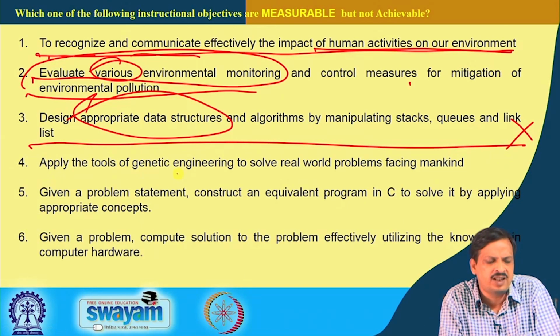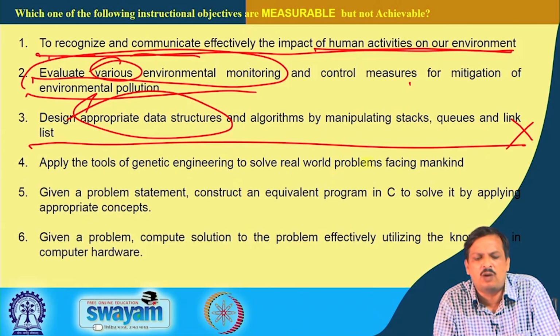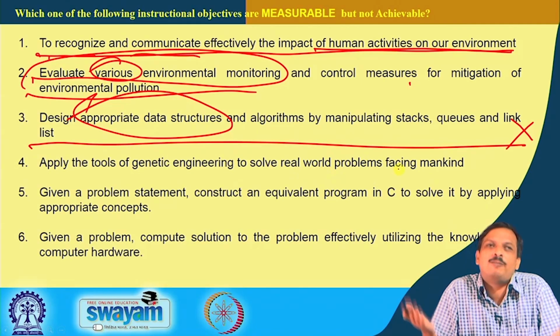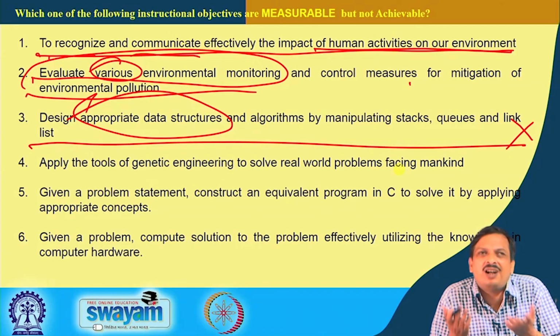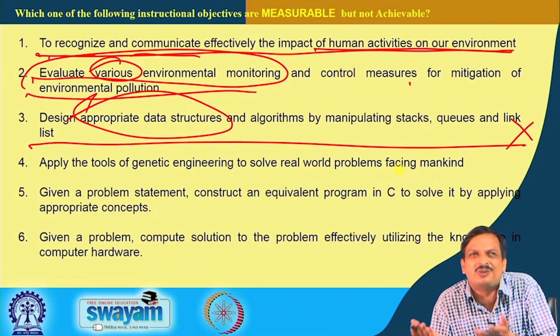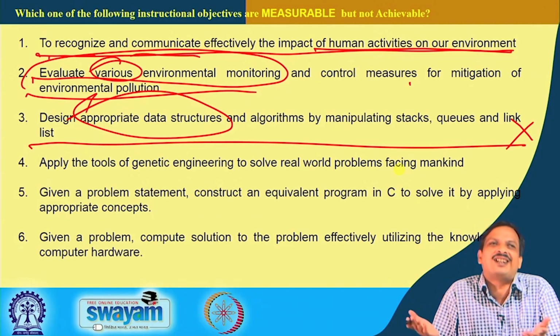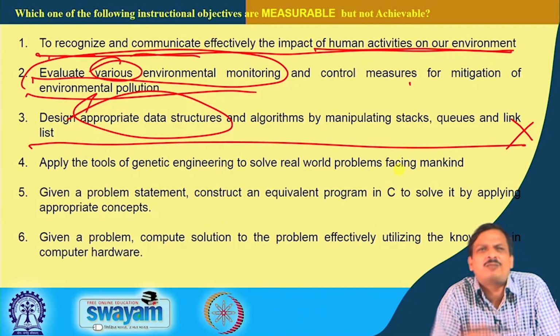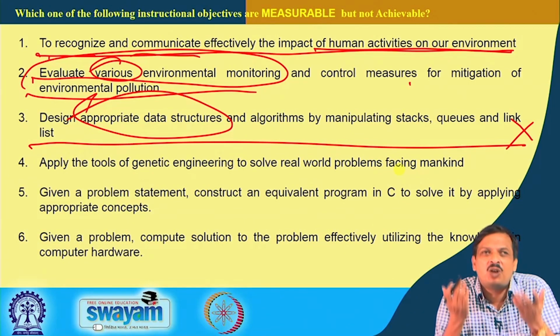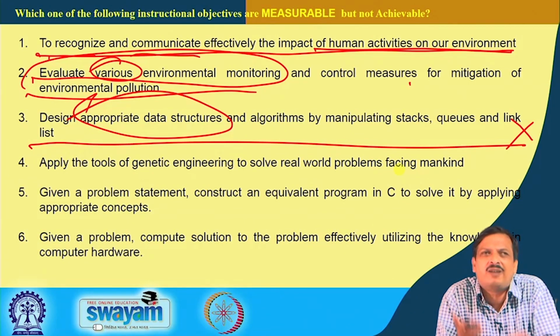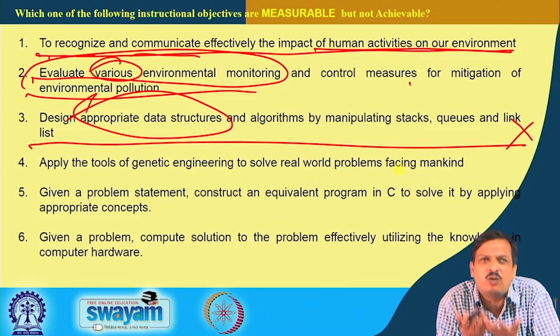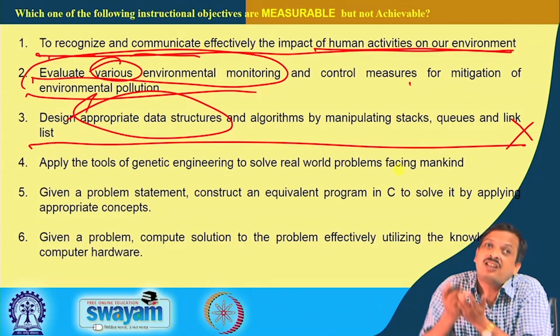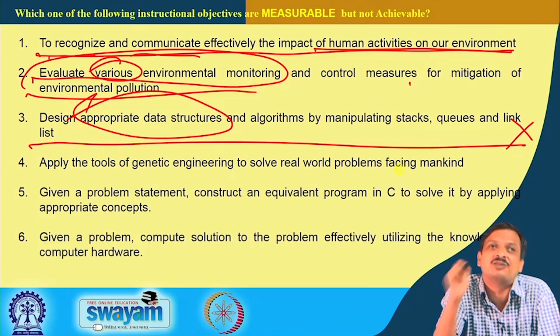Apply the tools of genetic engineering to solve real world problems. How do you cover all kinds of real world problems in the course? Real world problems facing mankind are an enormous problem. How do you solve them? How many real world problems do you cover in the course, and how many real world problems do you think are sufficient for that level of students?